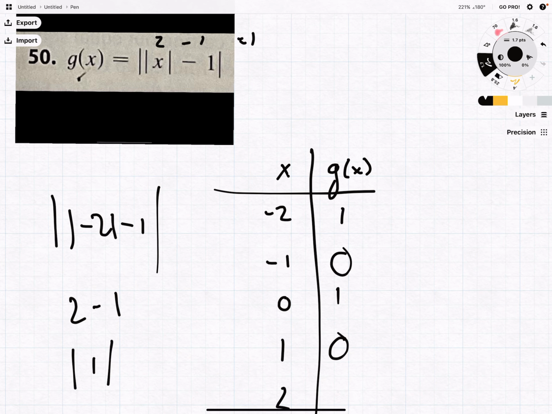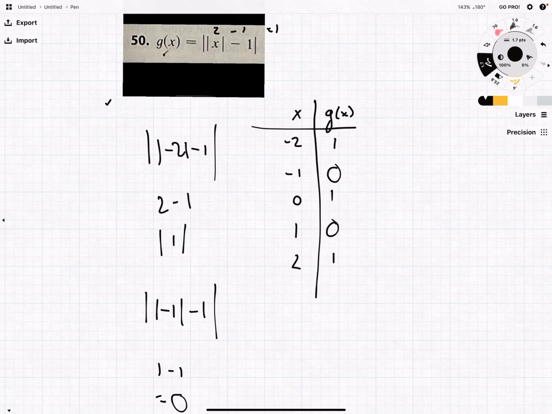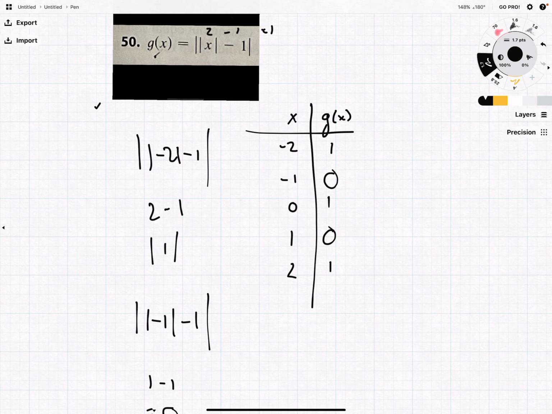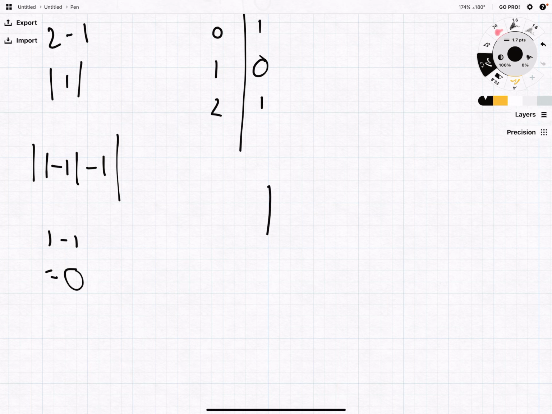So what ends up happening is our graph kind of looks like a W. So let me go ahead and draw the axes here.